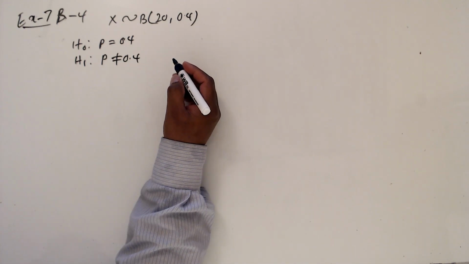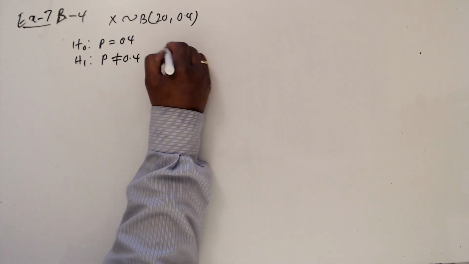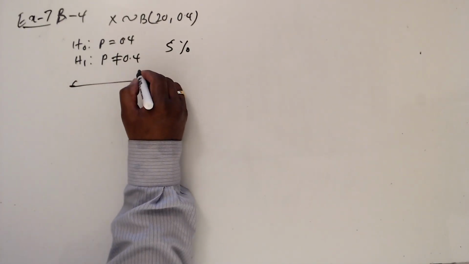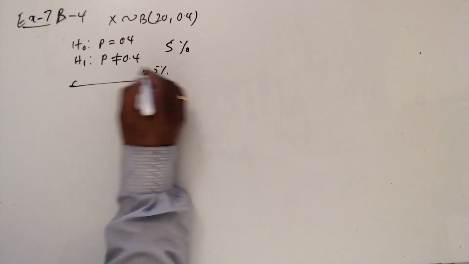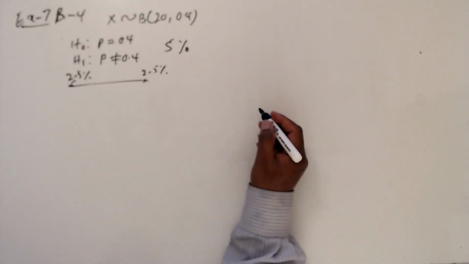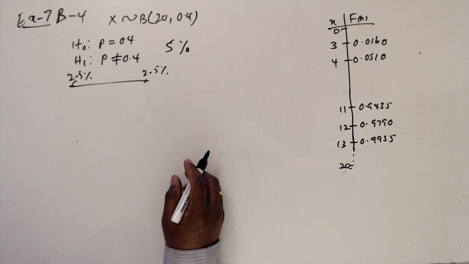With the given 5% significance level, it means it's going to be 2.5% on both sides.